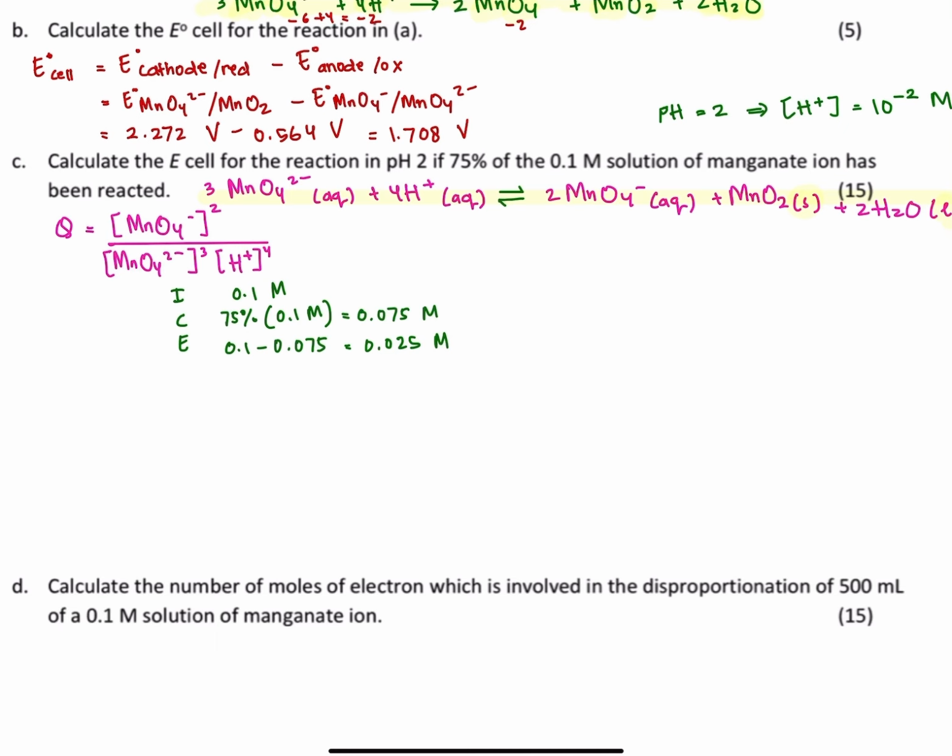Okay. And then if that reacted, which means that the product, the permanganate ion, MnO4 minus, so here we have this is minus, right? Because it's decreasing because it's reacted, but here we have plus. So we are going to use the coefficient here, 0.05 molar, okay?